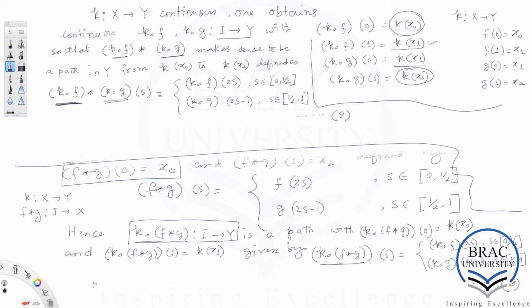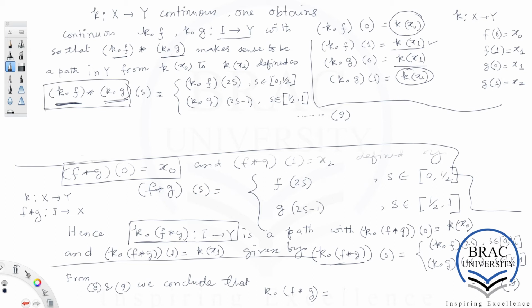So from 8 and 9, we conclude that K composed with F star G is equal to K composed with F star K composed with G. Okay, so this is how we check the second fact. So these are the two facts that will be required to prove our theorem 1.